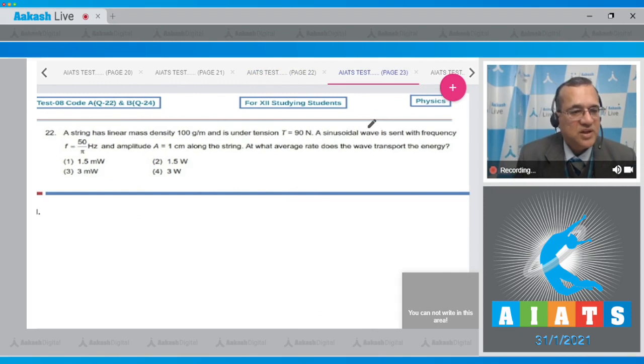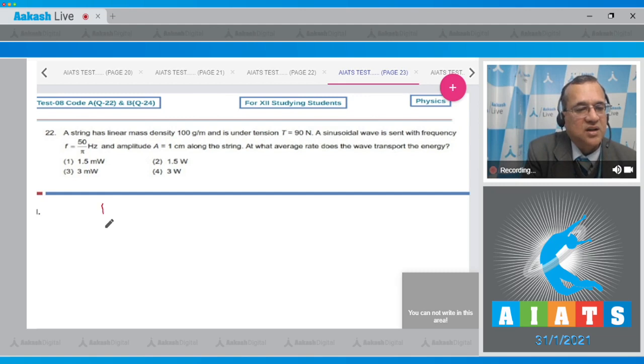Question number 22 says a string has linear mass density 100 gram per meter and is under tension of 90 Newton. A sinusoidal wave is sent with frequency of 50.5 Hz and amplitude of 1 centimeter along the string. At what average rate does the wave transport the energy?